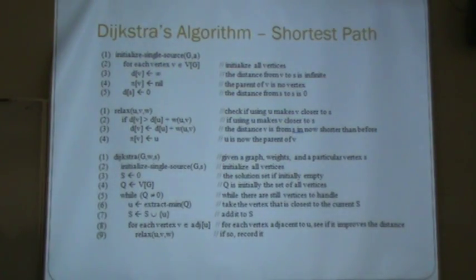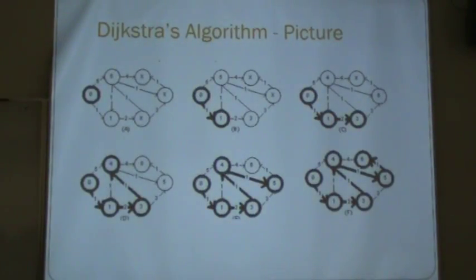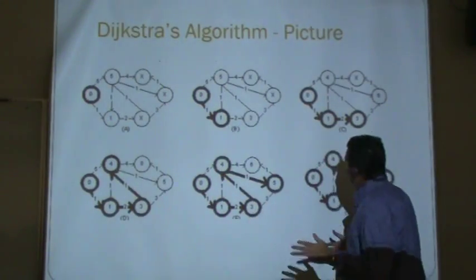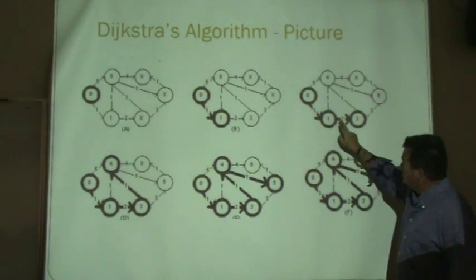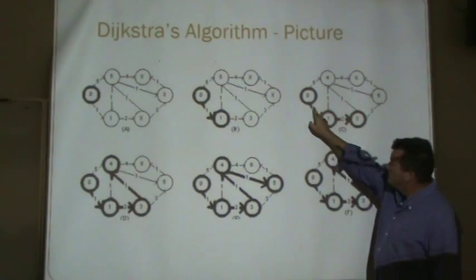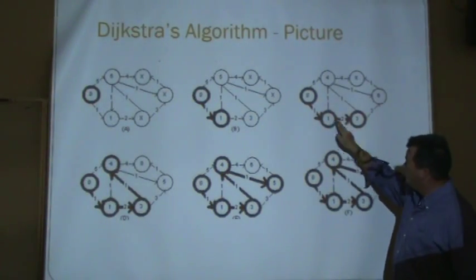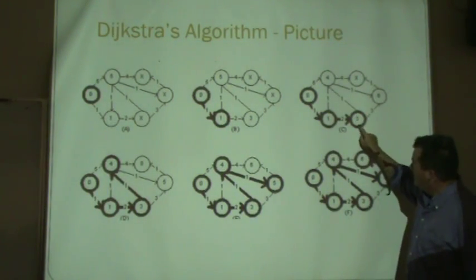So let me just show you again from the picture. What we're basically doing, let's say at any one of these steps, so far our answer was this node and this node; we know the fastest ways, starting here, to get to each of these two. The other three we're not sure of.